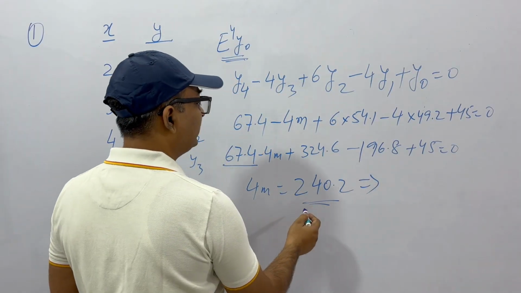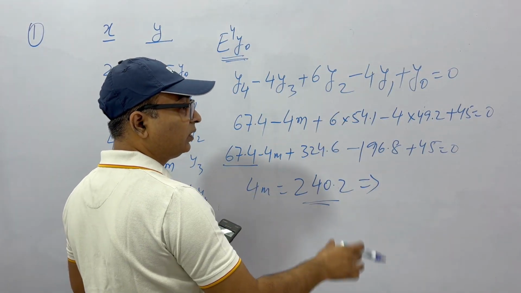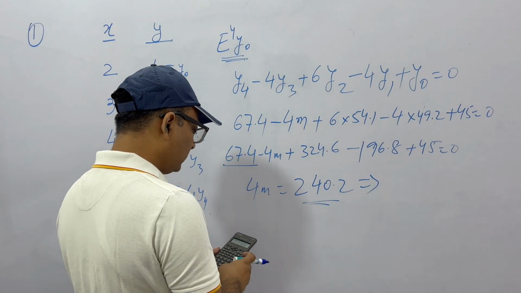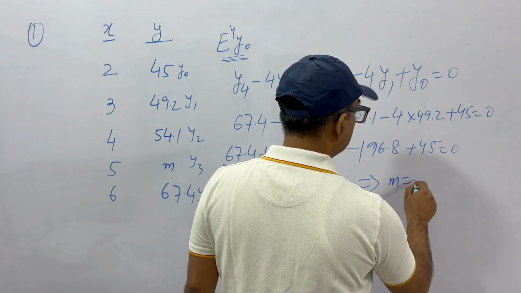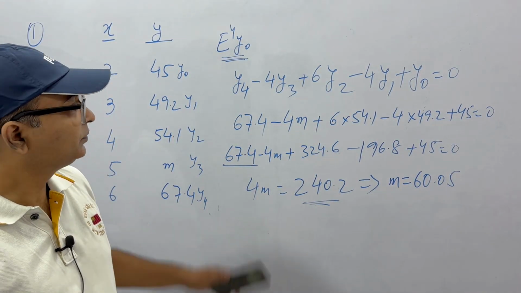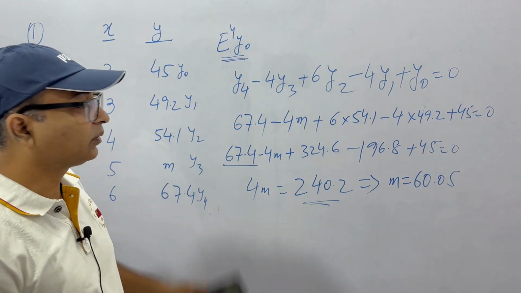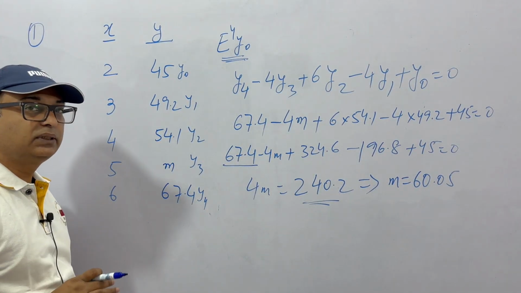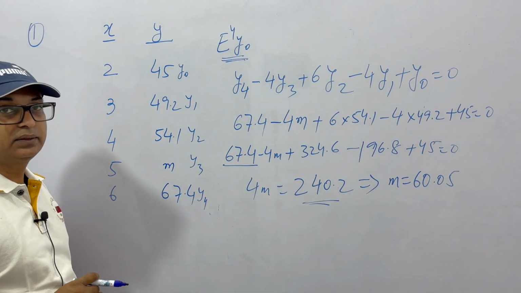This is the value we had got in the table also, delta 4 of y. So this divided by 4 is 60.05. So we have the same value. Actually, the calculation is the same, so we get the same value. So these are two different methods by which we find the missing term.